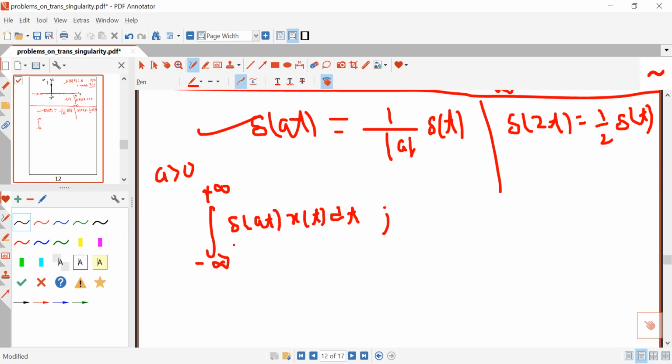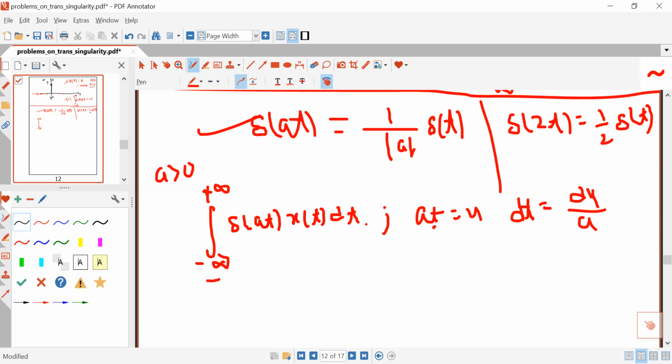When you substitute at equal to u, then dt will be du by a. And when t is minus infinity, at will also be minus infinity, and when t is plus infinity, u will also be plus infinity.